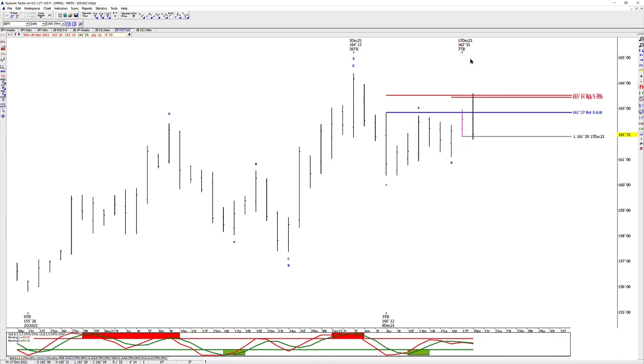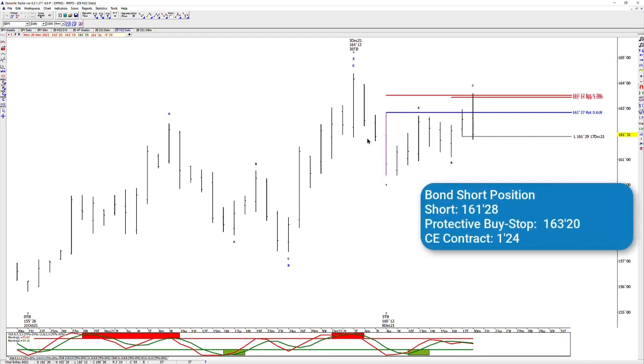So we can say this now is just about a perfect position to have completed an ABC correction and then have come down and closed into the closing range of the wave A. So, boy, what a great setup and a great short trade, of course.